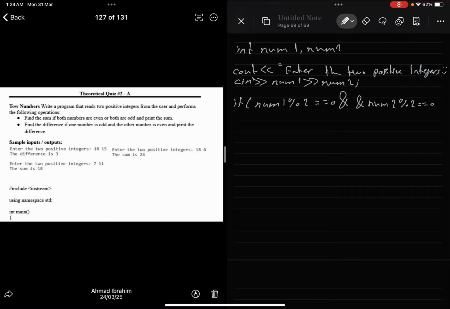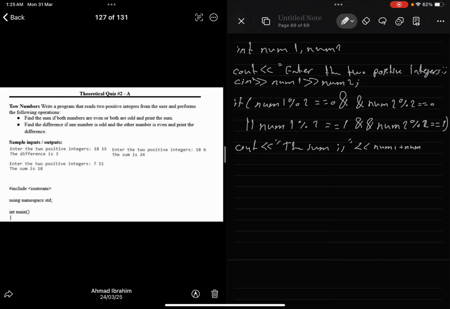So if num1 and num2 are even, or num1 modulus 2 equal 1 and num2 modulus 2 equal 1, that means cout the sum is, and we have to write num1 plus num2, endl.